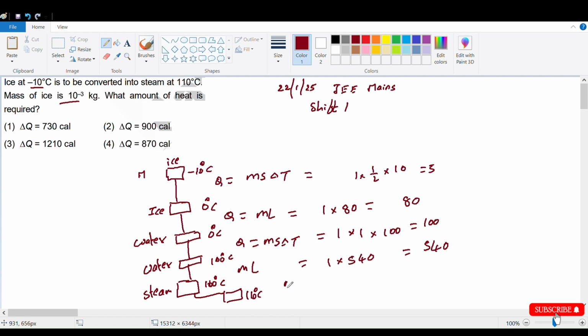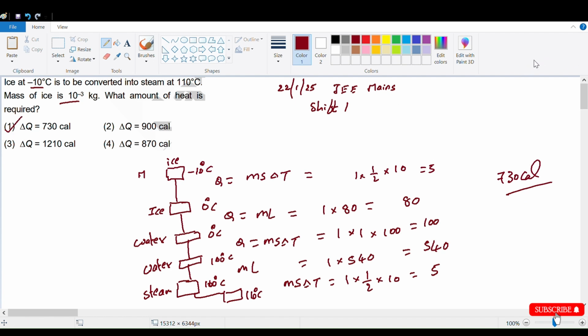Again temperature is changing, so use the formula m s delta T. M value 1, specific heat of steam is half, change in temperature 10. So this is again 5. So total we got 540, 640, 640 plus 80, 720, 730. So finally a total of 730 calories of heat is required.